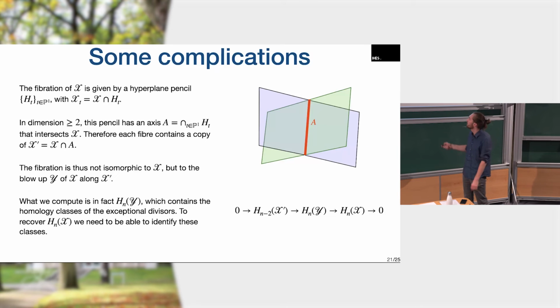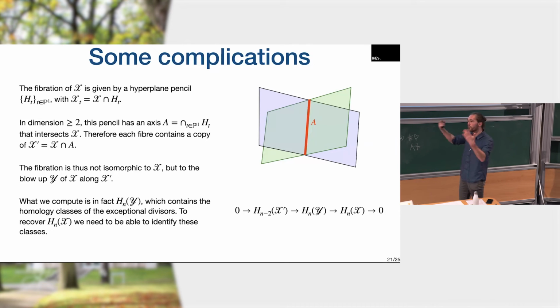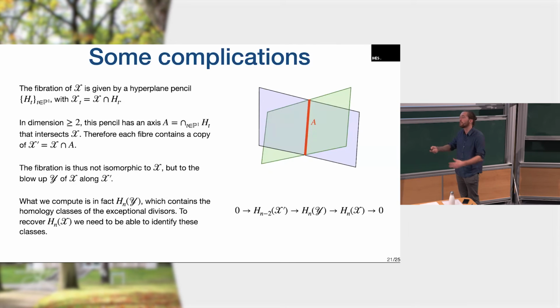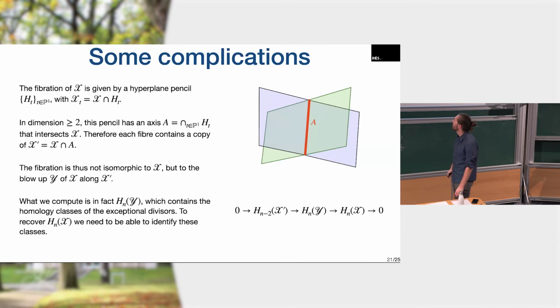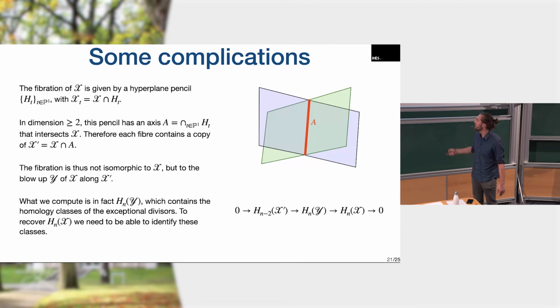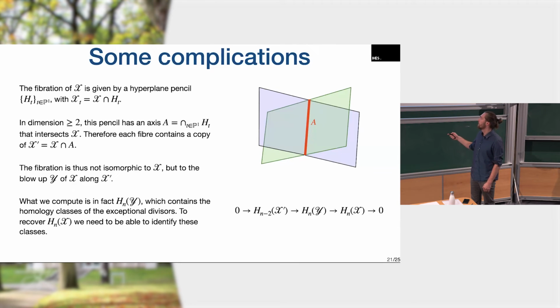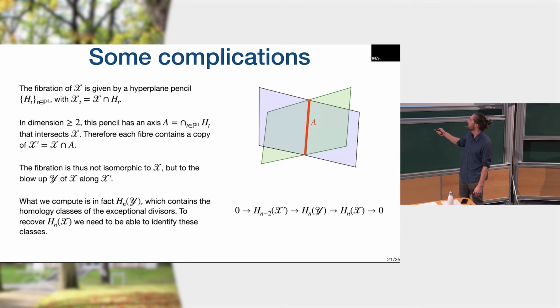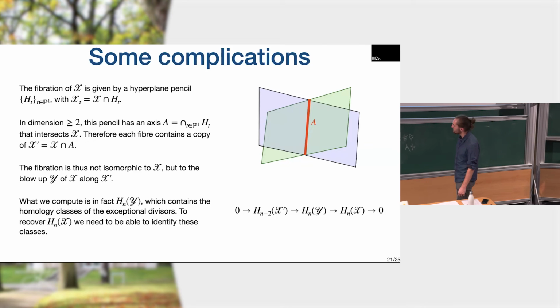and really what this means is that what you do when you consider this fibration instead of the initial variety is you've blown up the variety along this exceptional subset. And what we compute with this method is, in fact, not the homology of the initial surface, but the homology of the modification of this variety that I've called y, which is the blow-up of x at x prime.